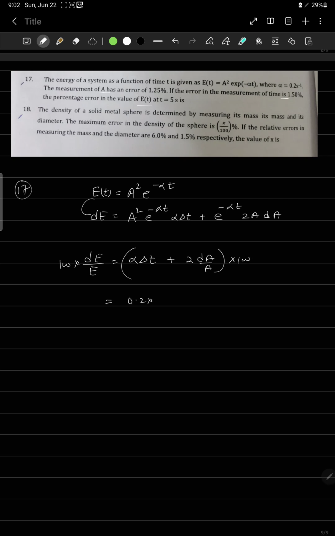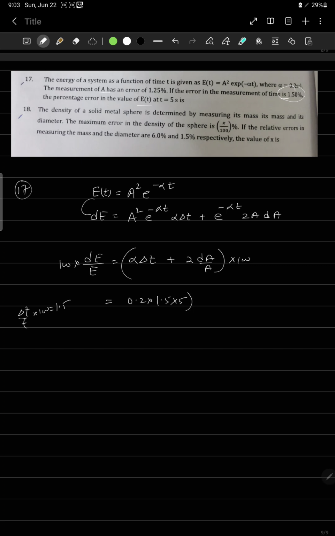Alpha is 0.2 into delta t. Percentage error in time is given, right? That means delta t by t into 100 is 1.5. So delta t into 100 we have, which is 1.5 into t.